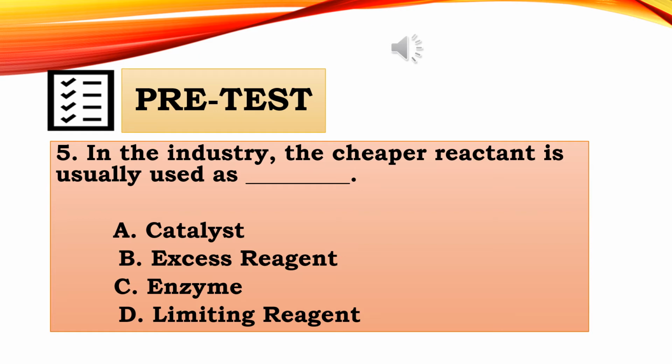A. Catalyst. B. Excess reagent. C. Enzyme. Or D. Limiting reagent. Letter B is the answer. So what's your score? Did you get them all correct? If not, do not worry, because we shall have a discussion of these concepts.